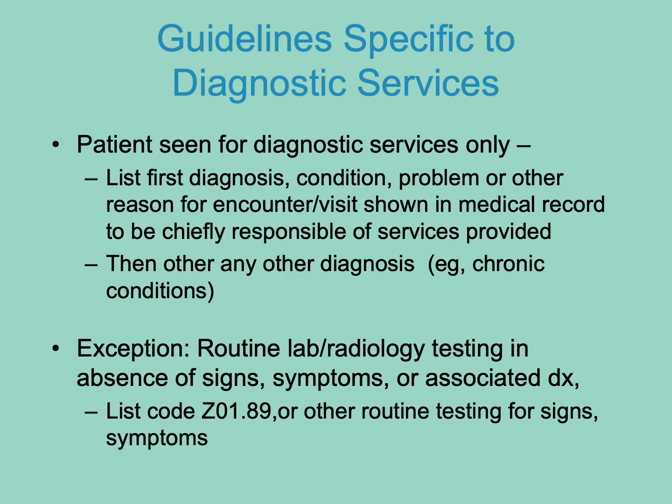So if there's no sign, like routine tests, so like routine mammograms, okay? So in this case, there's a diagnosis, condition, or problem. In this exception, if there's no sign, symptom, or associated diagnosis, you're going to list Z01.89.